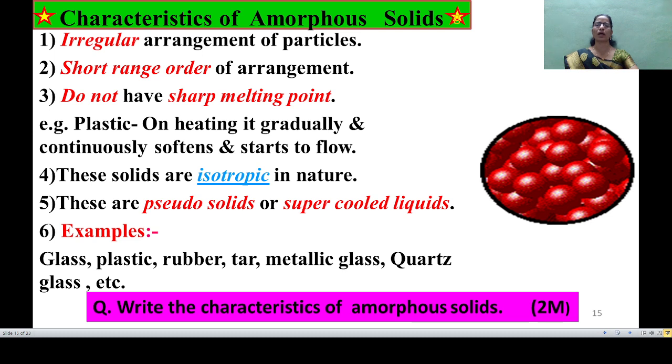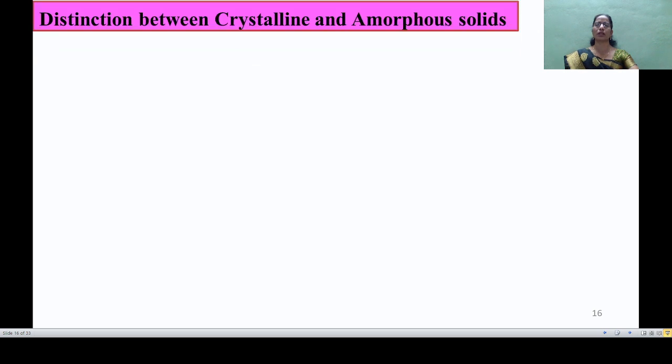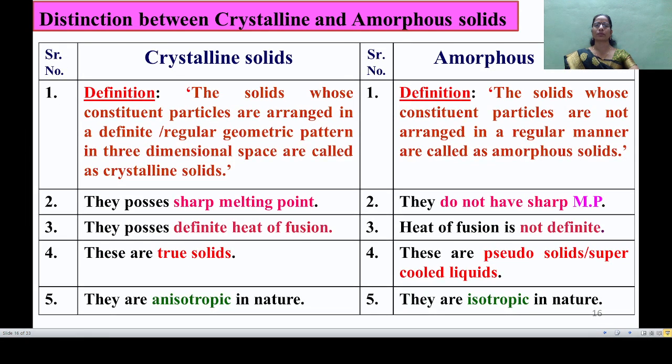for 2 marks. Now, with the help of these characteristic properties of crystalline and amorphous solids, we can easily distinguish between these two types. Here, this table gives you the distinguishing points between these two types of solids. The first one is related to their definition.